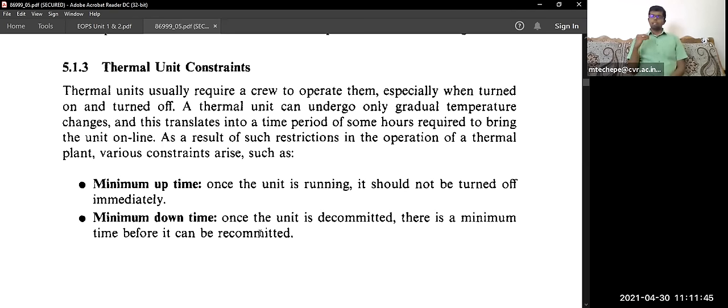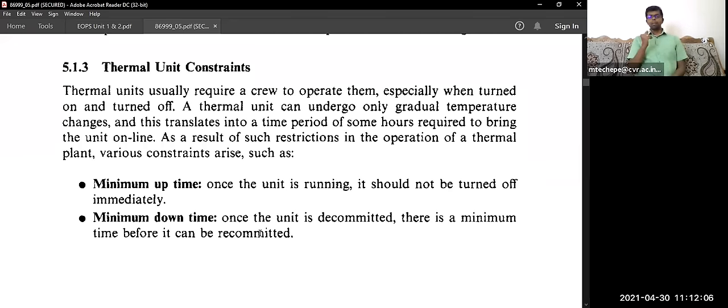Some such accidents also happen once in a while, yearly once or twice, some small accidents. So it will take some more time. Once the unit is operating, it should not be turned off immediately. That is called the minimum uptime constraint.